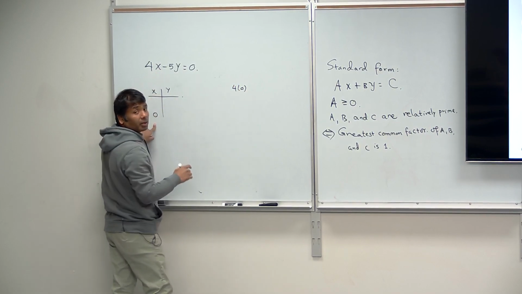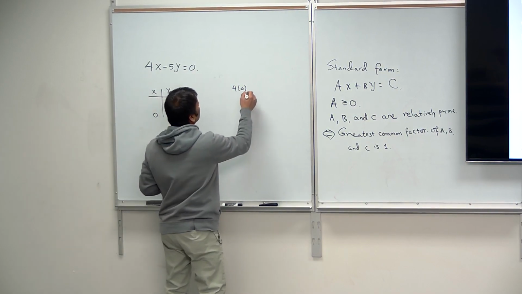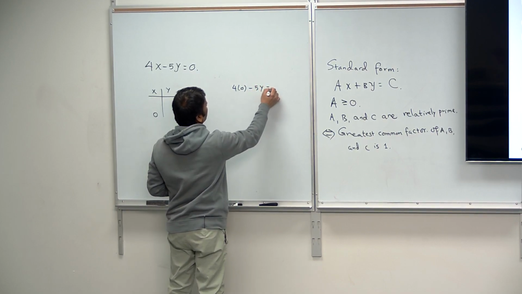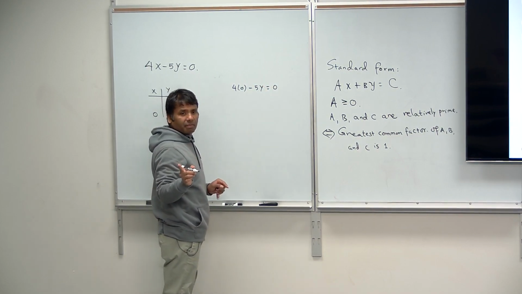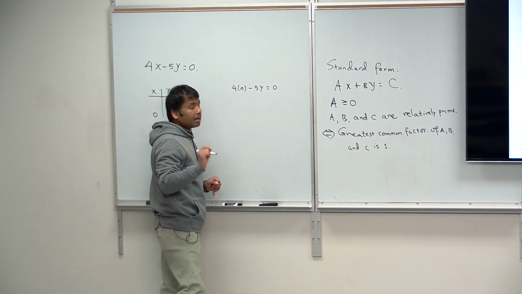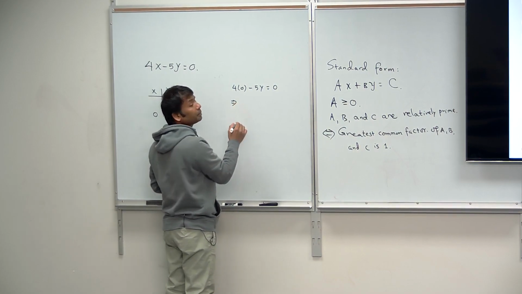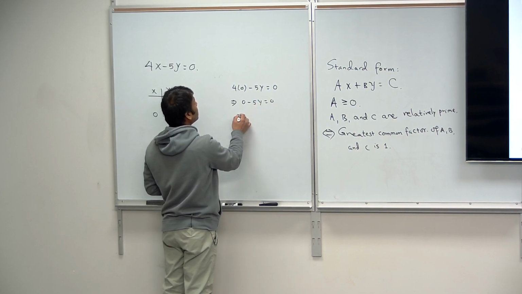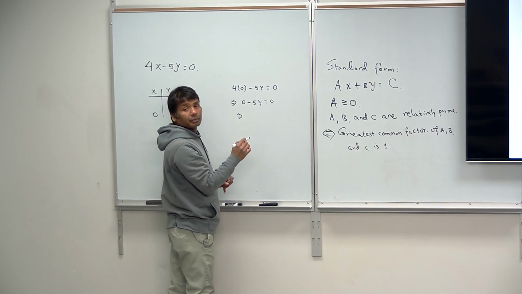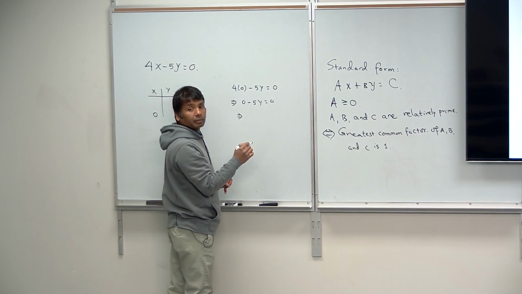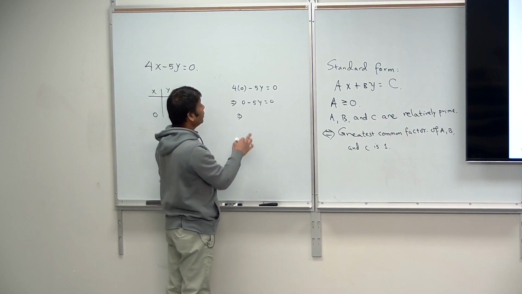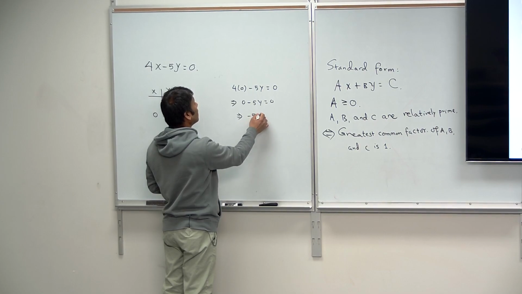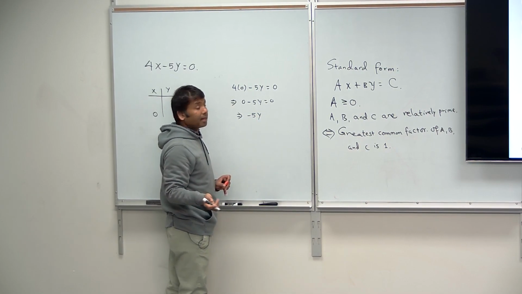I'm going to plug x equal to 0, right? 4 times 0 minus 5y equal to 0. Make sense? So what is 4 times 0? 0. 0 minus 5y equal to 0. What is 0 minus 5y? So 0 minus 5y is negative 5y. Is that right? Equal to 0.